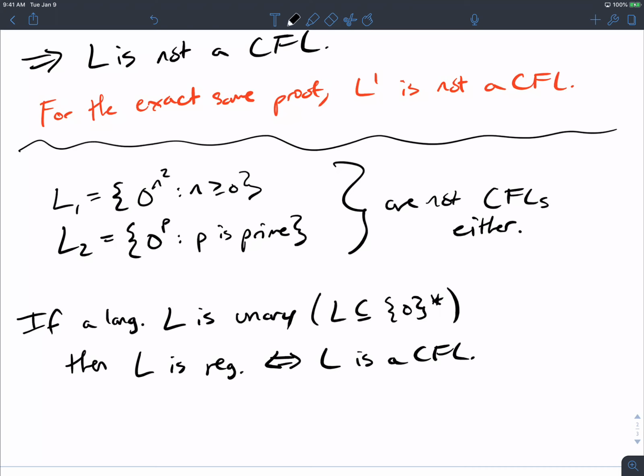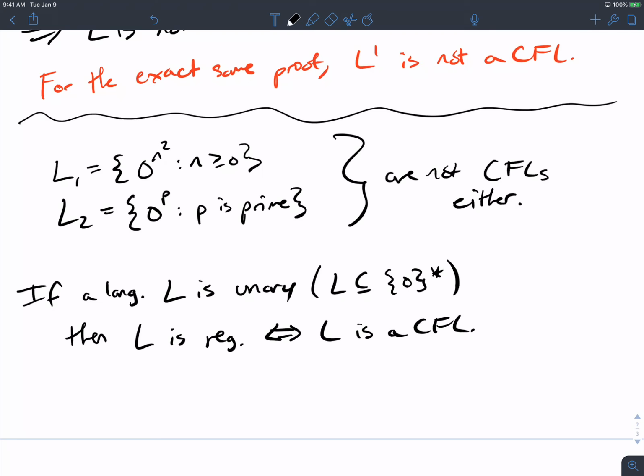Here's actually a really interesting result: if you have a unary language and you show it's not regular, it's not context-free either, and vice versa.